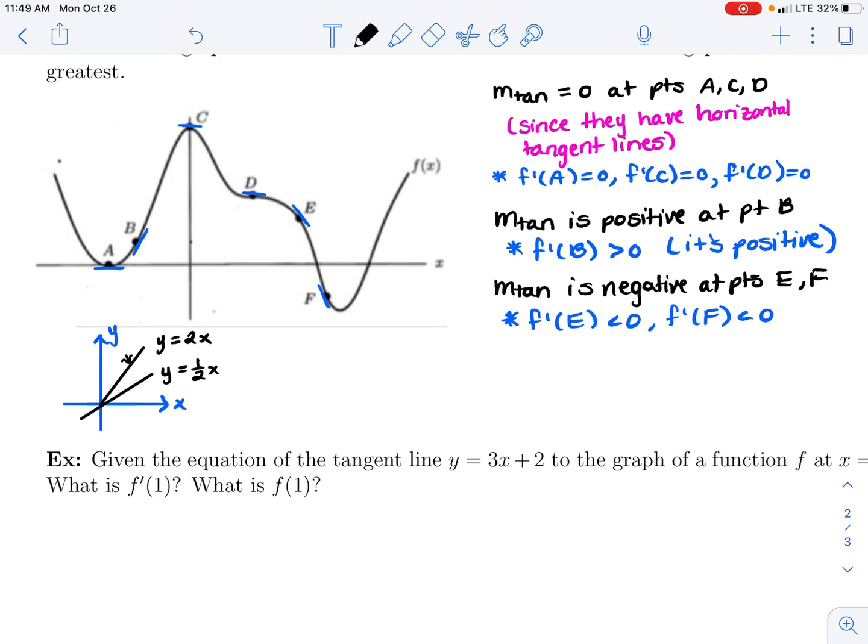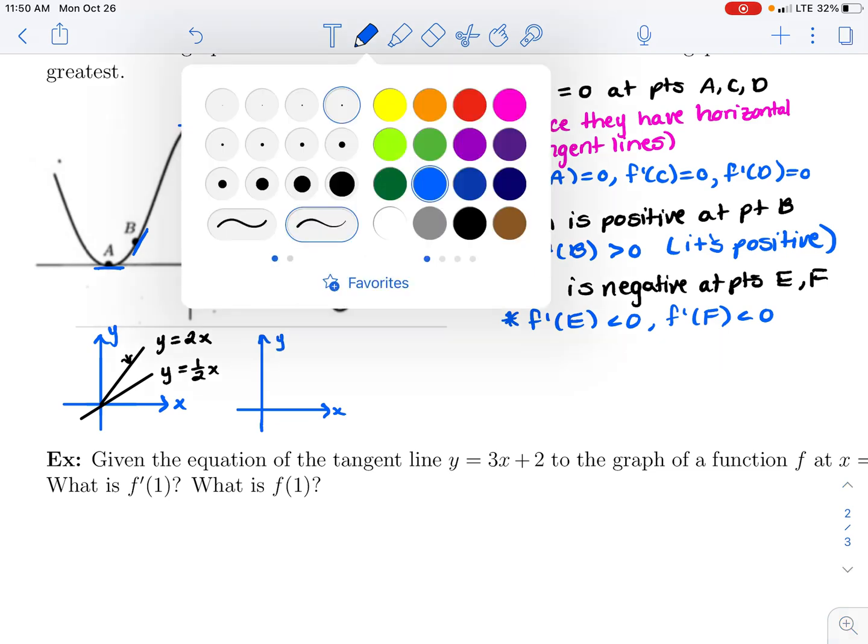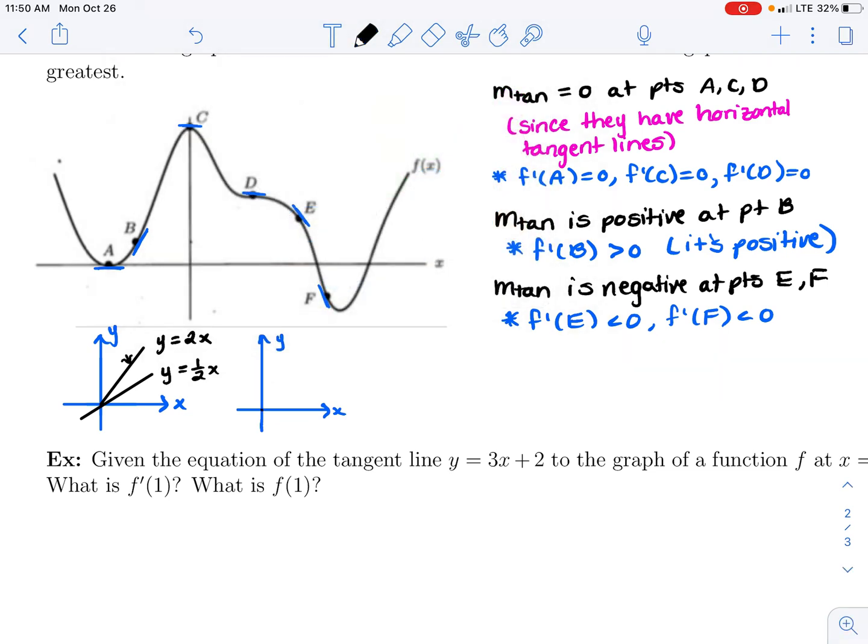Let's see what happens if you have a negative slope. So let's look at that and consider that. Here this is x and this is y, and say I graph y equals negative 2x, and then this other one is y equals negative 1/2 x.